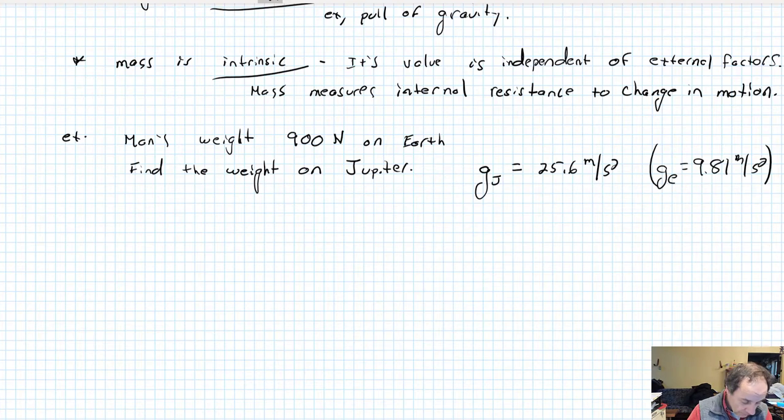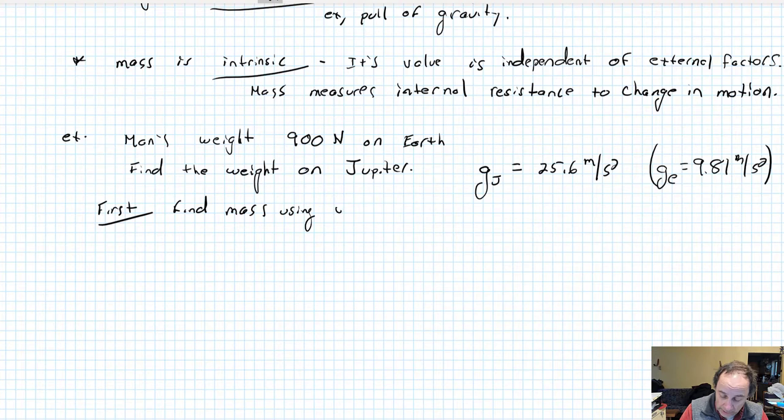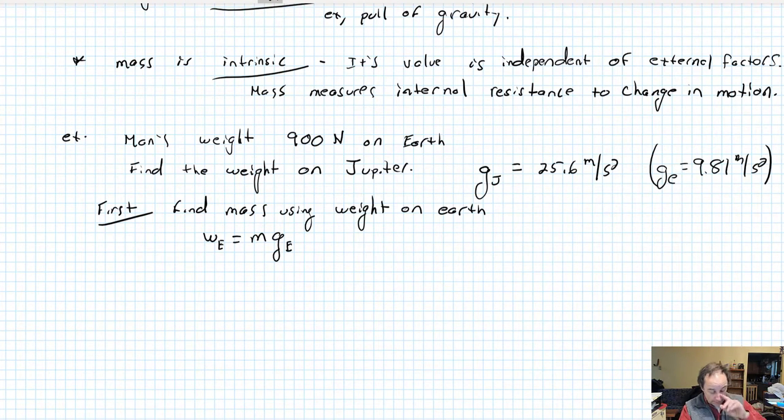So first, find mass using the weight on Earth. All right, so weight on Earth equals mass times g of Earth.